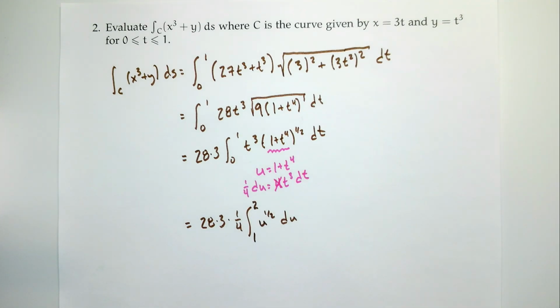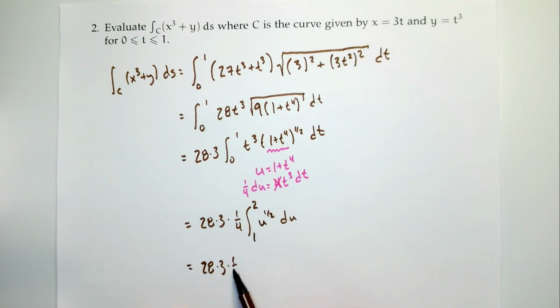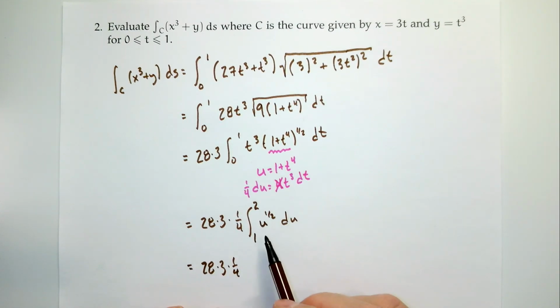All right. So let's do just a little bit more work here. So we have the 28 times 3 times a fourth. And what's the integral of u to the 1/2? Well, that's u to the 3/2, because you add 1 to a half, multiplied by 2/3. All right. Now we're getting there.